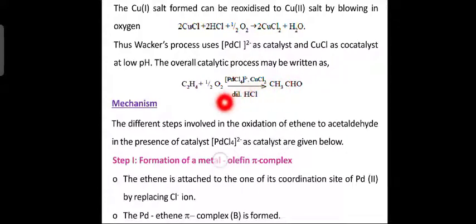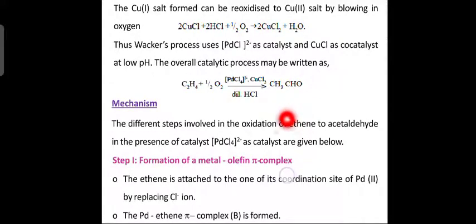Instead of that, you can just write one single equation, this one. Ethene undergoes oxidation in the presence of cupric chloride CuCl2 and tetrachloropalladate 2 minus, in the presence of dilute HCl, to give acetaldehyde.